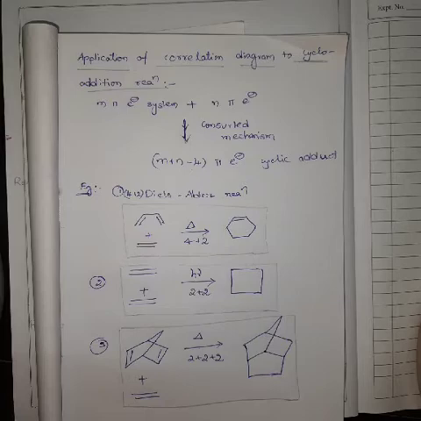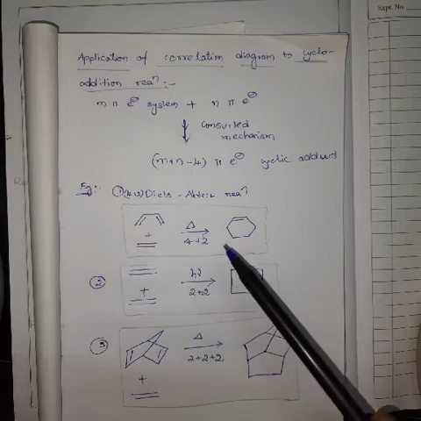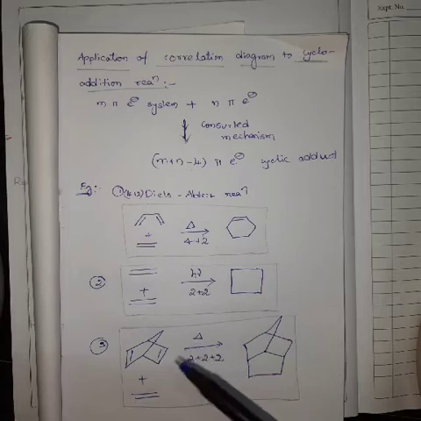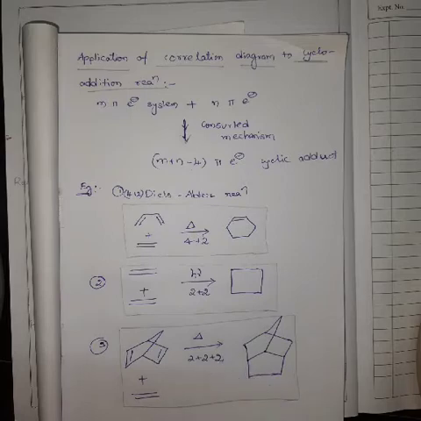These are classified by the number of pi electrons present in the two substrates. For example, the Diels-Alder reaction is a 4 plus 2 addition reaction, ethylene addition is a 2 plus 2 cycloaddition reaction, and norbornadiene to ethylene addition is a 2 plus 2 plus 2 cycloaddition reaction.